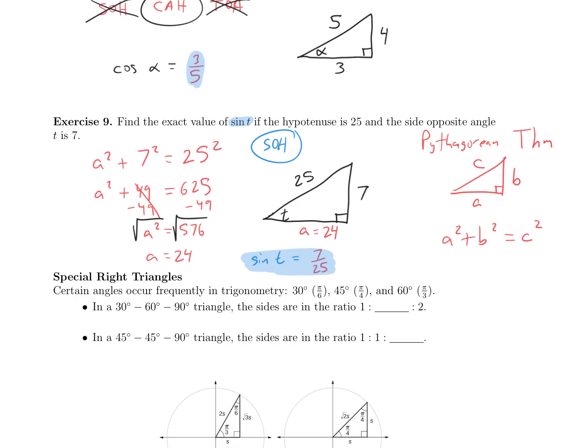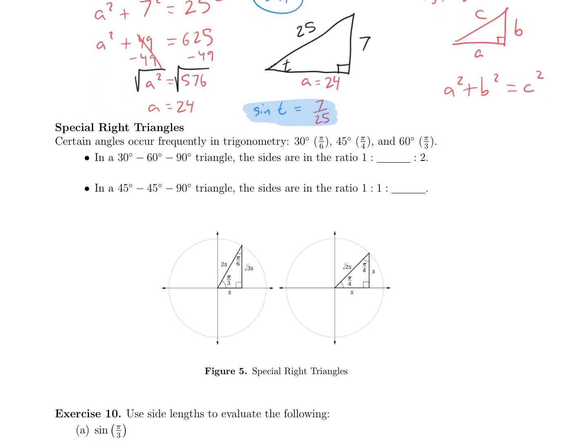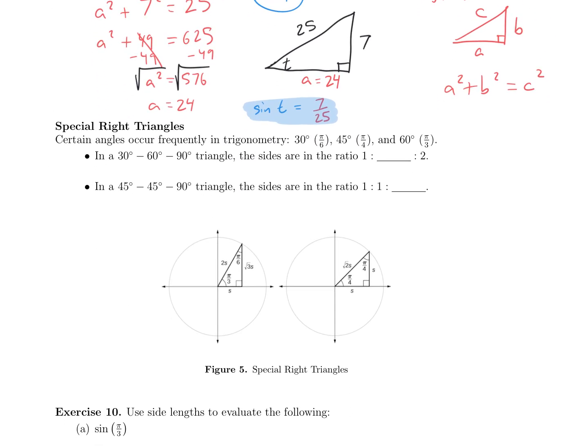Okay, let's move on. So there are two special right triangles. One is called the 30, 60, 90 triangle, all right? And the other is called the 45, 45, 90 triangle, okay? So what makes them special is that their sides are in the ratio of 1, square root of 3, 2 for the 30, 60, 90 triangle.